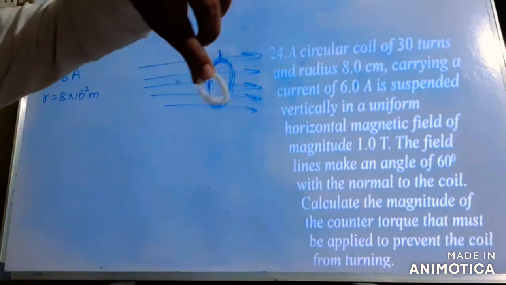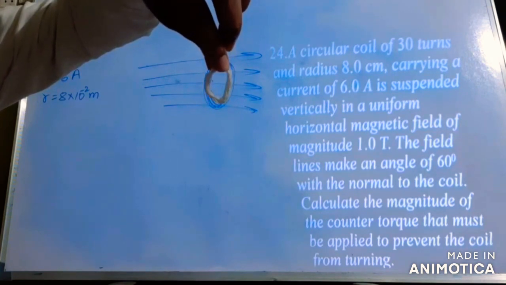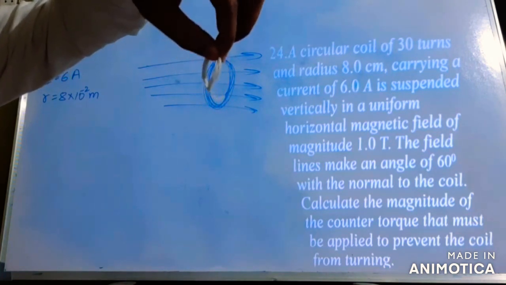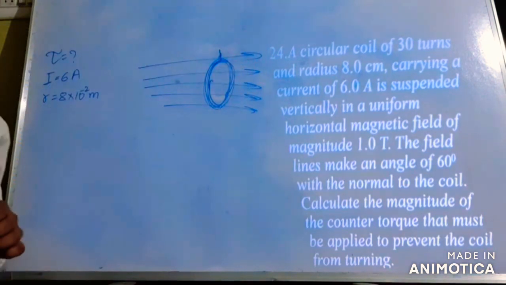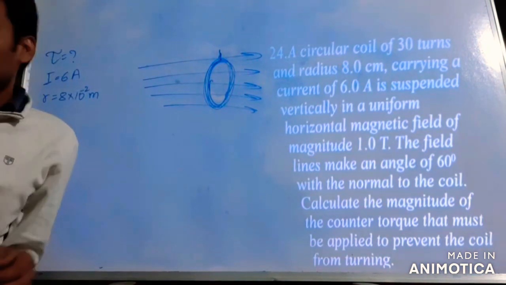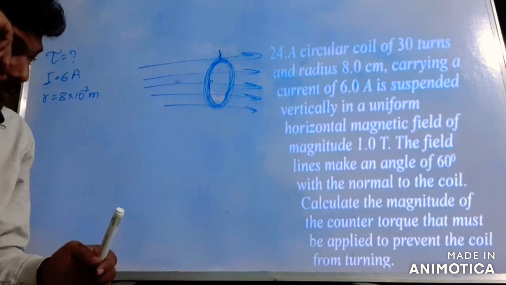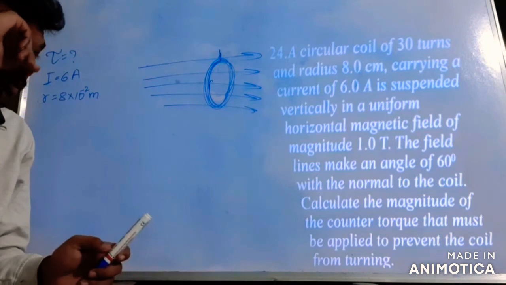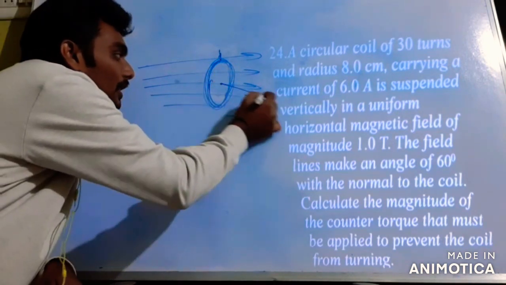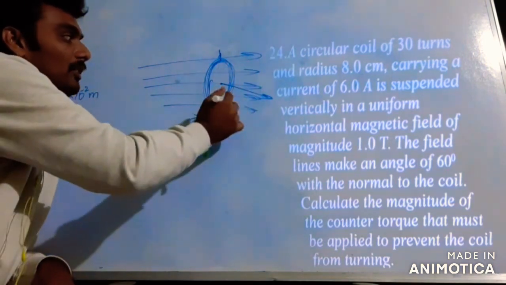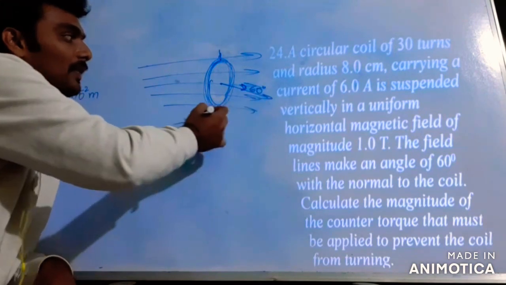And now it can be either like this, completely like this, or it can be like this. So now what is given is that the magnetic field lines make an angle of 60 degree with the normal to the coil. The normal to the coil can be somewhat like this in 3D, I'm just trying to represent, and the angle between them is 60 degree.